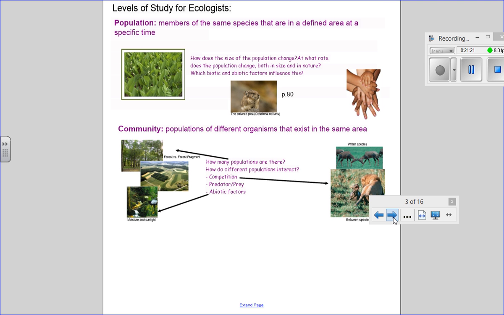Now the next vocabulary word is the word population. And the word population refers to a species, but specifically members, plural, of the same species in an area at a specific time. In other words, they live together.